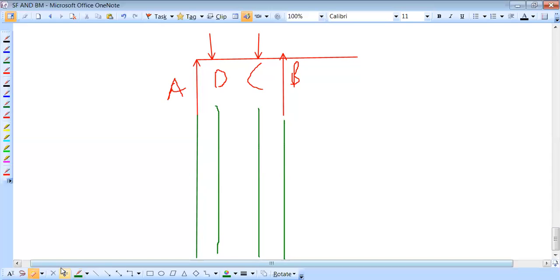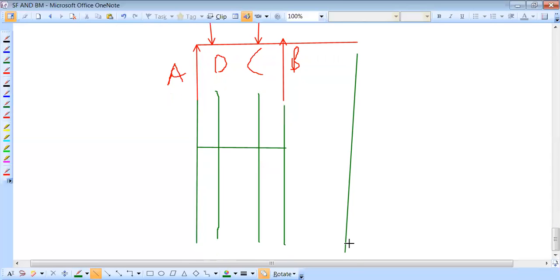Take one reference line. Now, how can I draw the SFD and BMD? Draw the reference line from this point, the free end.